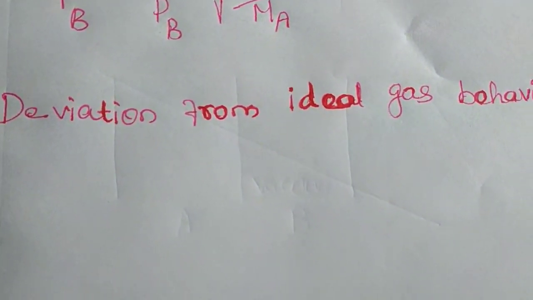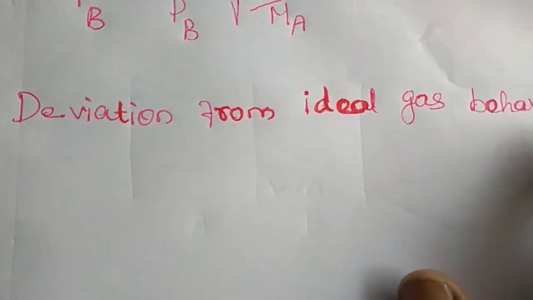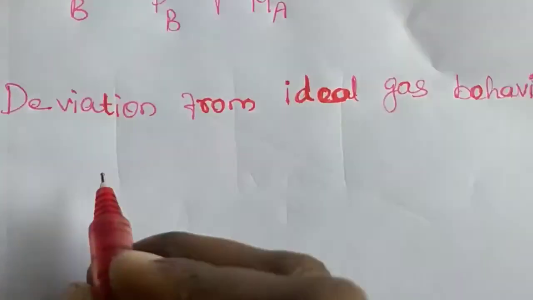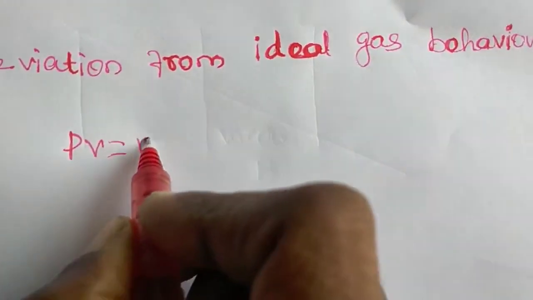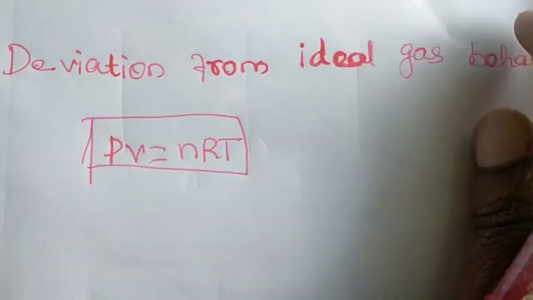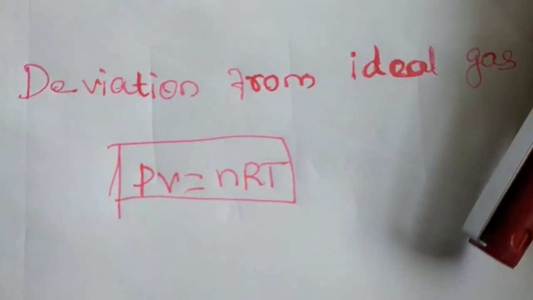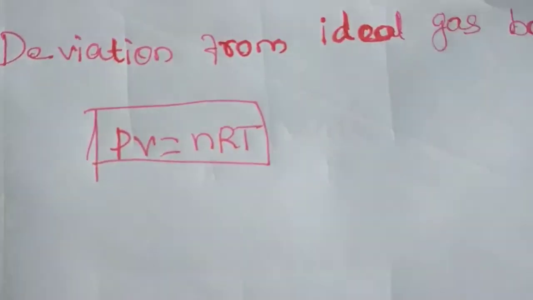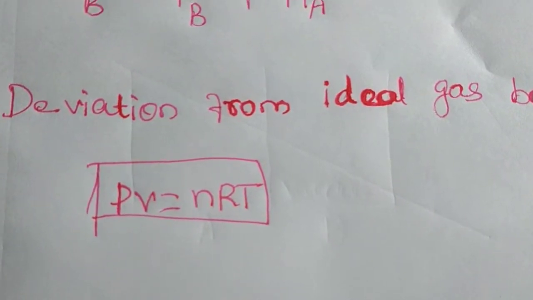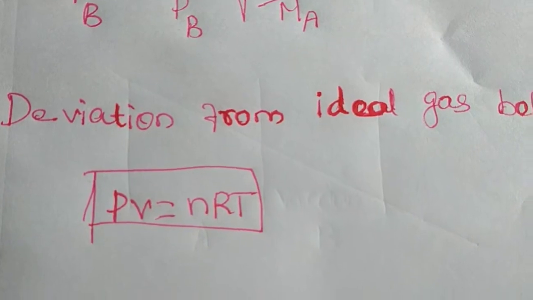An ideal gas is an imaginary gas, and the condition we derive for it is PV equals nRT. This is the equation for an ideal gas. How do you derive it? From Charles' law, Boyle's law and Avogadro's hypothesis.